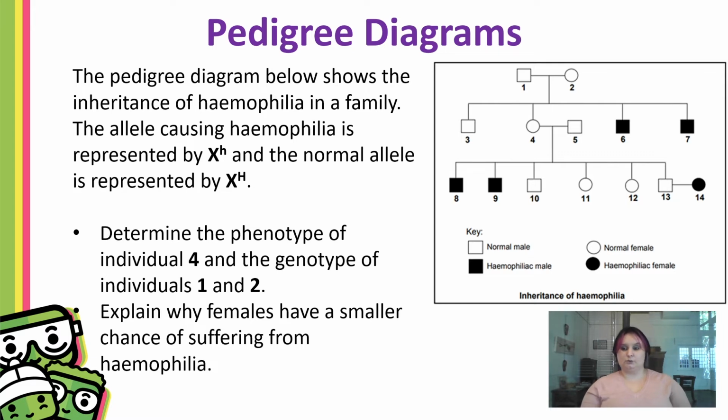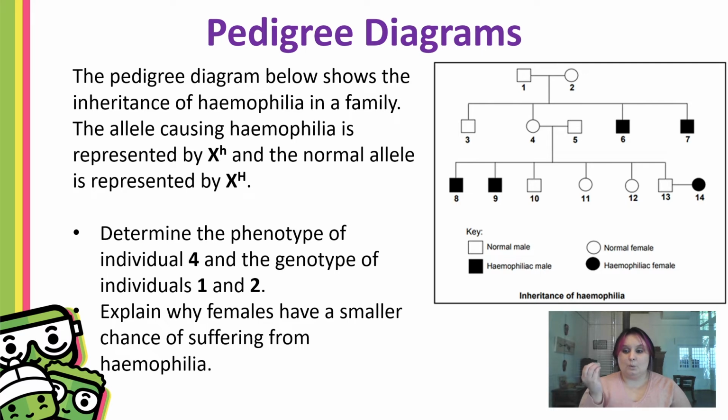Individual 2. So individual 2 is a normal female, so a female without hemophilia. But if we have a look at individual 2's children, we can see that children number 6 and 7 have hemophilia. And in order for them to inherit hemophilia, there must have been hemophilia somewhere in the family.